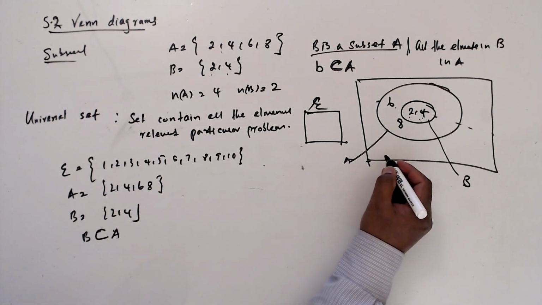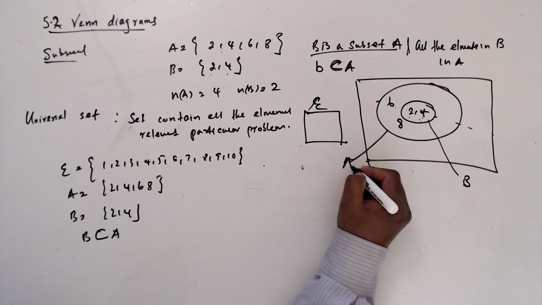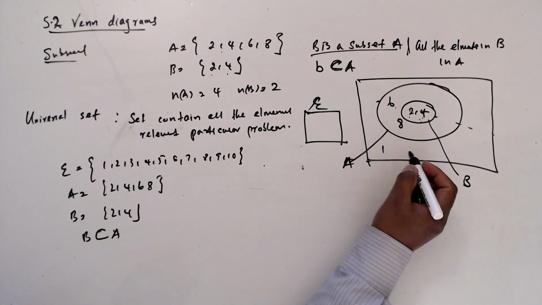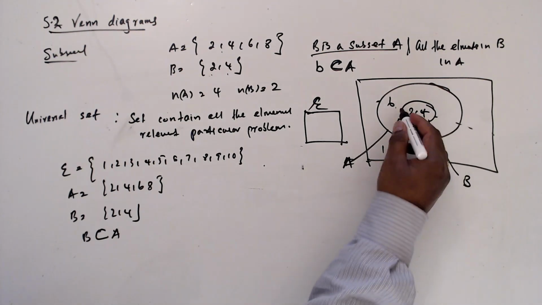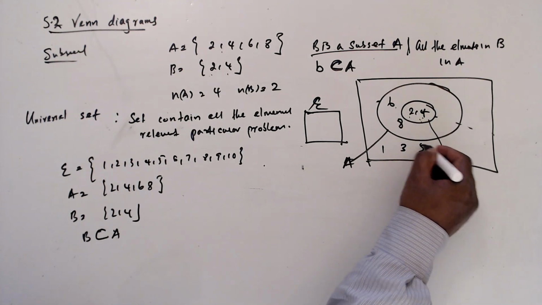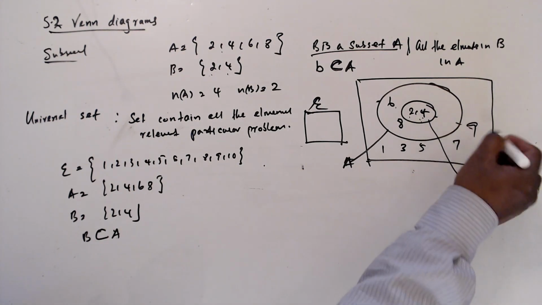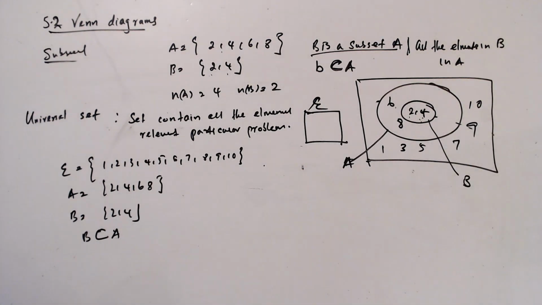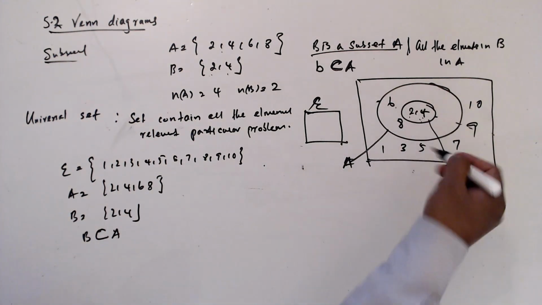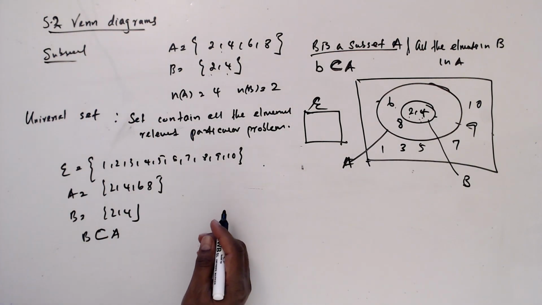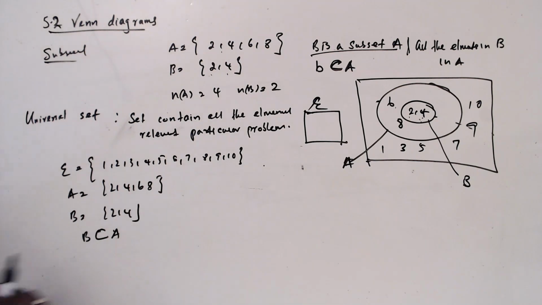So this is A: 1, 2 here, 3 no, 4 here, 5, 6 here, 7 no, 8 here, 9 and 10. So what is this area called now?